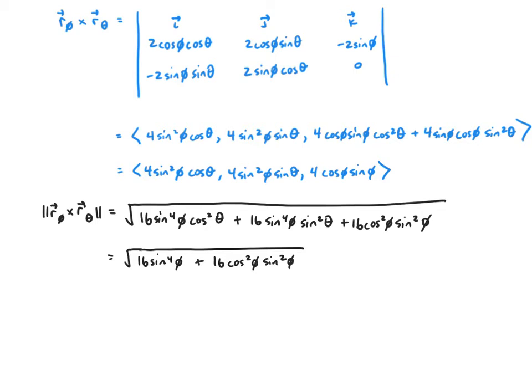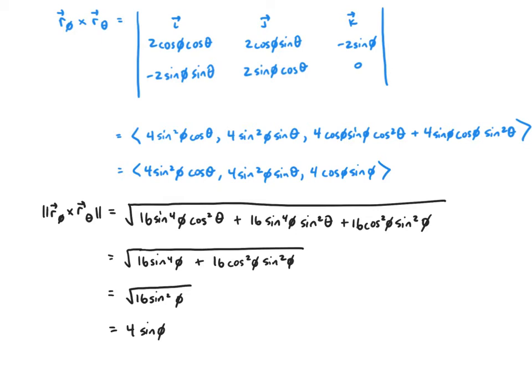We're going to do the same thing here. We're going to factor out a 16 sine squared phi from both of these terms. And if we do that, we get a sine squared phi and a plus cosine squared phi left over, which is also 1. So in other words, this simplifies again to 16 sine squared phi. And believe it or not, we finally have a reduced cross product. So 4 sine phi.